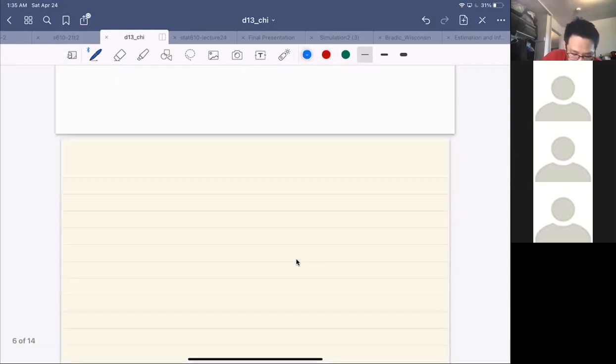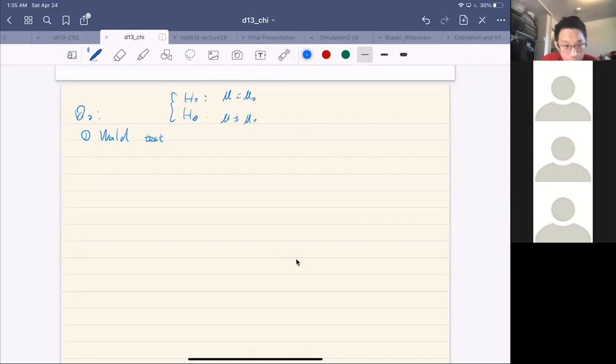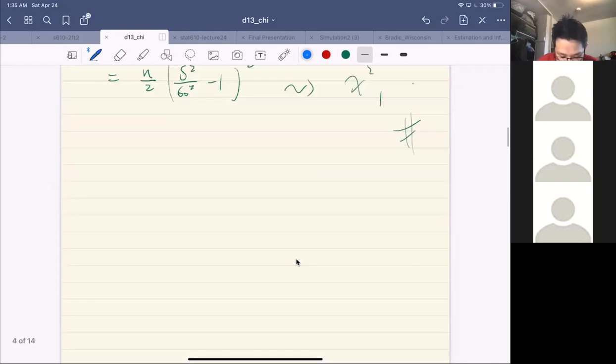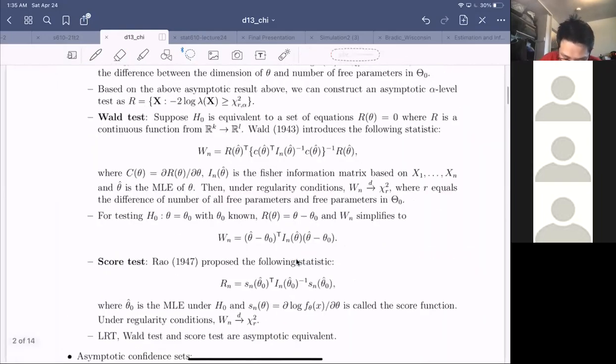So let's do question 2. Let's do the Wald test first. Let's copy the formula.